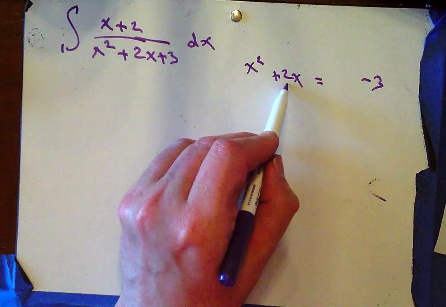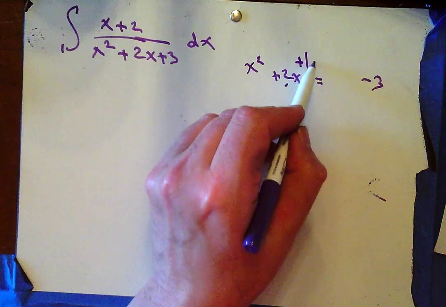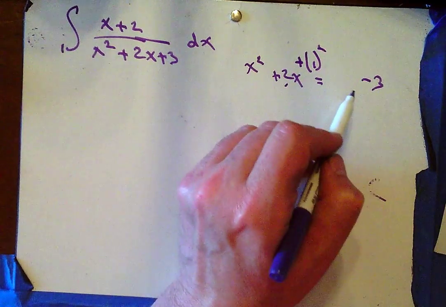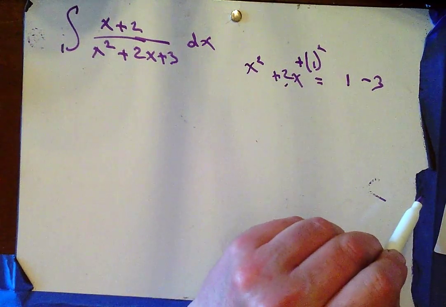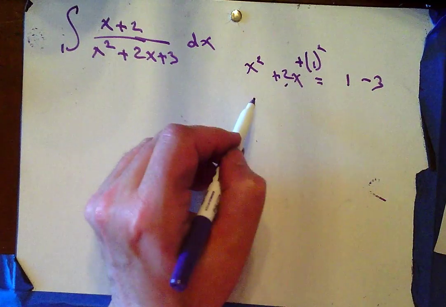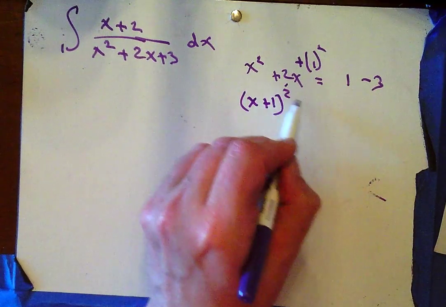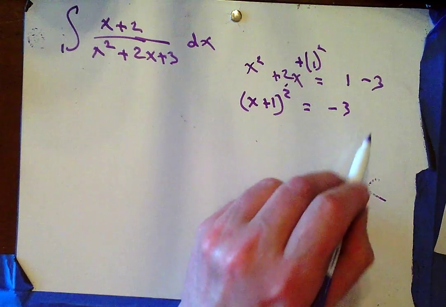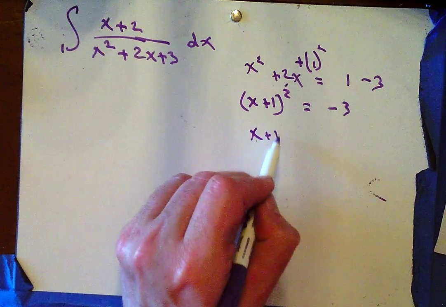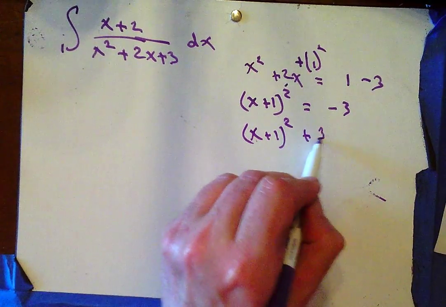And I want half of this squared, so I'm adding 1 squared to both sides, and that's adding 1. Okay, so we have x plus 1 squared equals negative 3. And we can bring that over, x plus 1 squared plus 3.